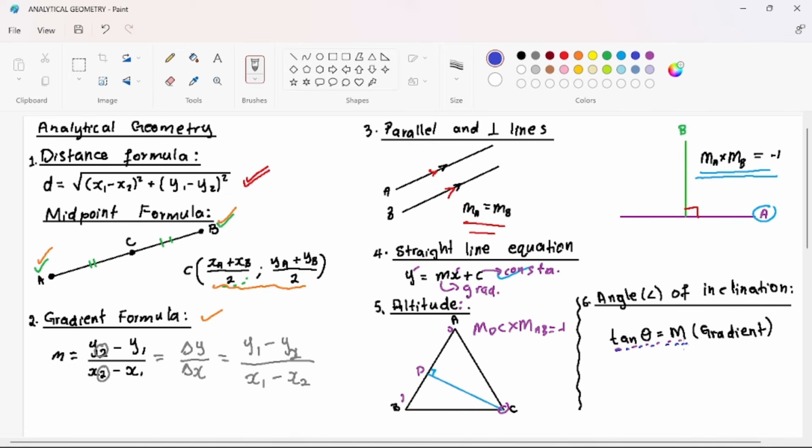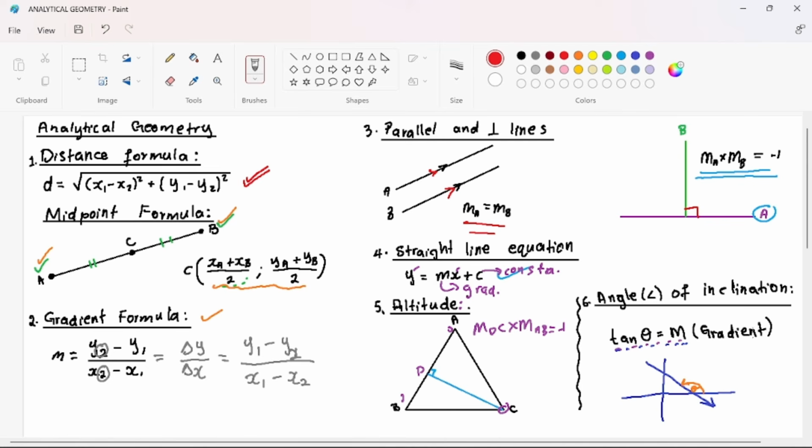You are given a formula here, guys, and you should be using it. In our next videos I'll explain to you how to calculate this angle, right? Let's say you are given a line like this. Where can we find our angle of inclination? Our angle of inclination is always measured anti-clockwise from the x-axis, right? So this is going to be our angle of inclination.